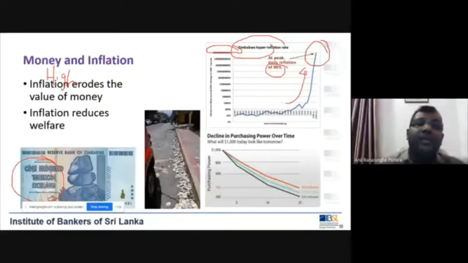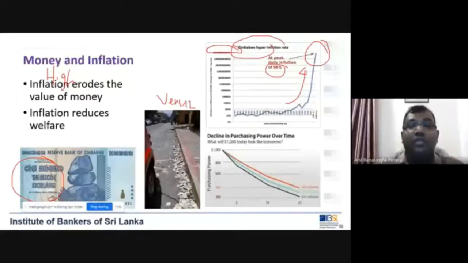The second example, the picture, is from Venezuela, another recent country with high inflation. With the high inflation, money became very worthless. So these currency notes are on roads. People have thrown them away.